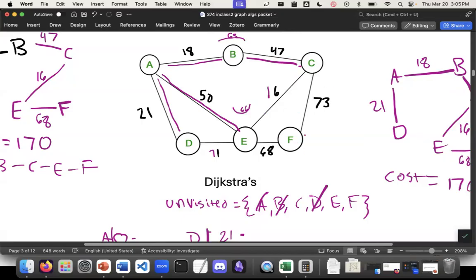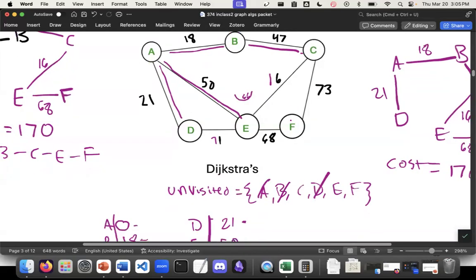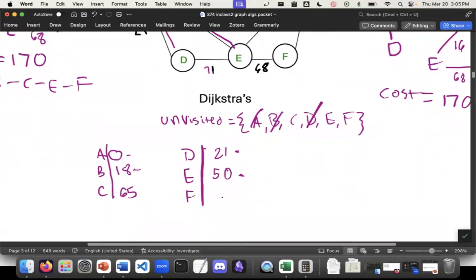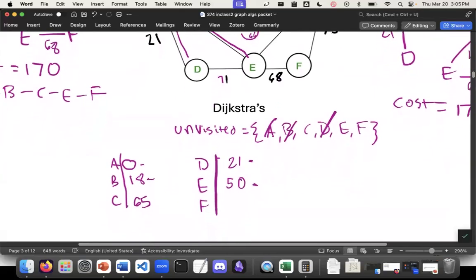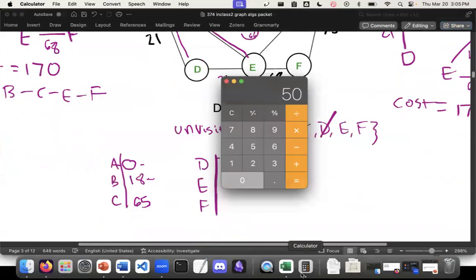Now we can reach F though, so that's good news. So if we go to F through E, that's 50 plus 68, which is 118. Could have done that in my head.